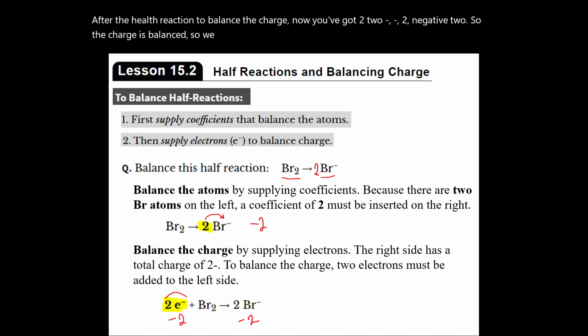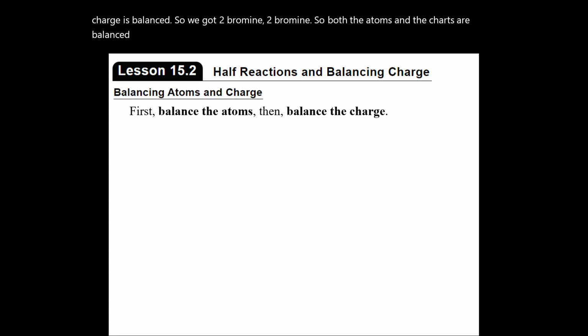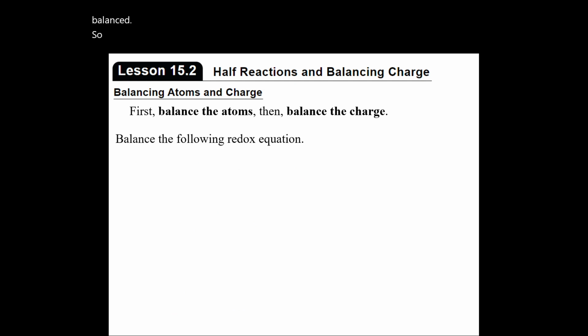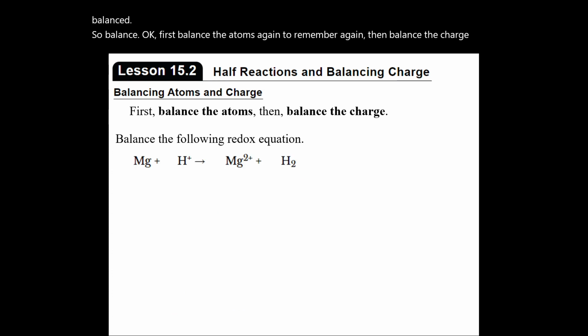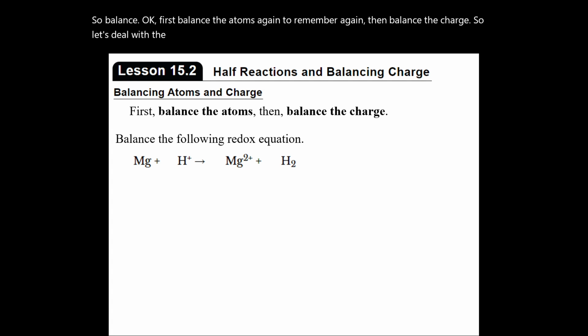So we got 2 bromines, 2 bromines. So both the atoms and the charge are balanced. Okay, first balance the atoms, remember again, then balance the charge.